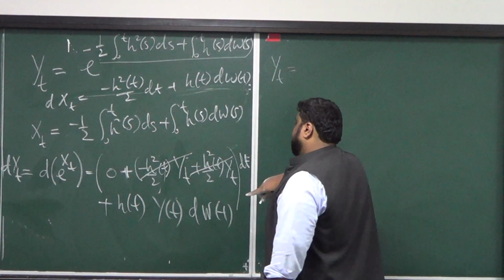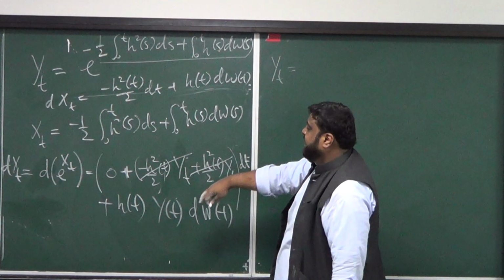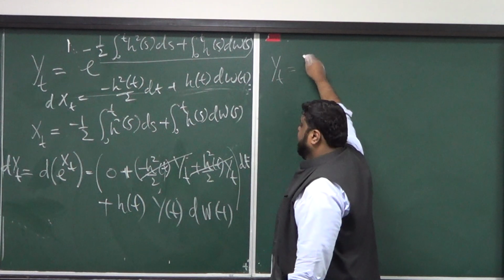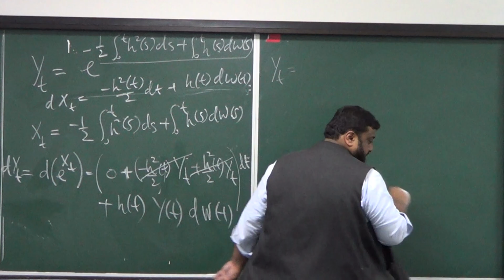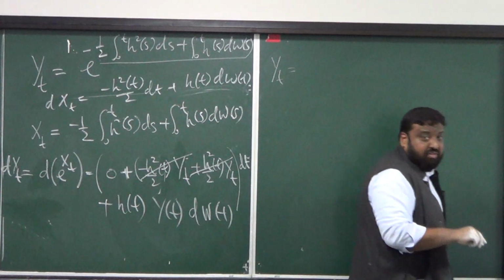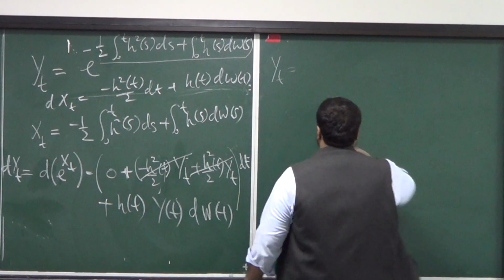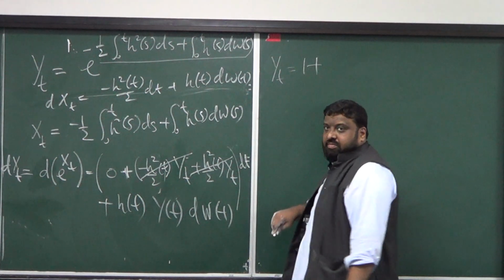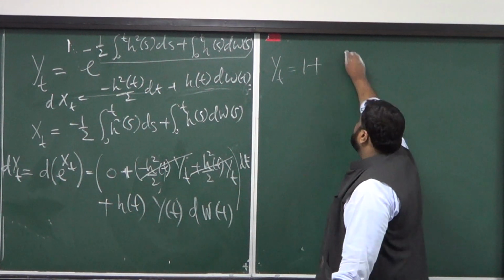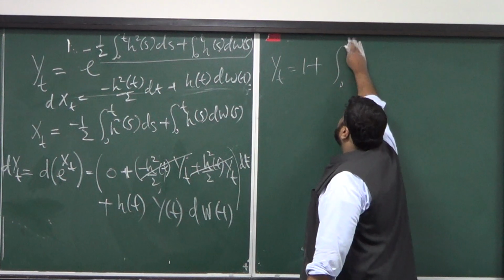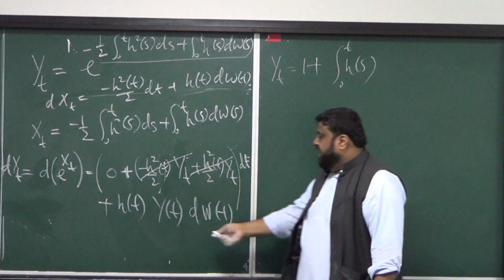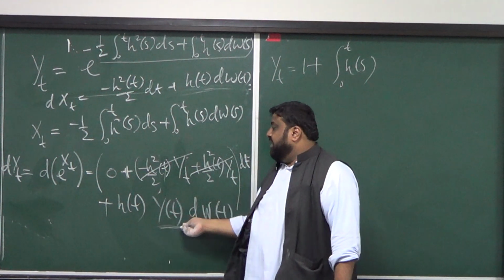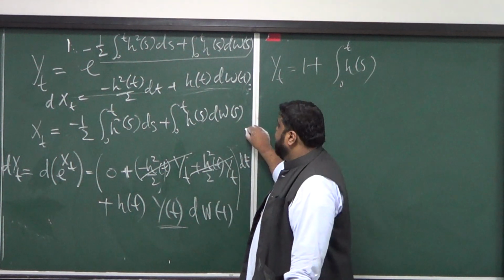So the y of t is going to be, if I write it in integral form, e to the power h of s. So it's going to be 1, if you're starting for example from 0, plus integral from 0 to t h of s, and I have y of s, y of t. So the y of t is this guy.